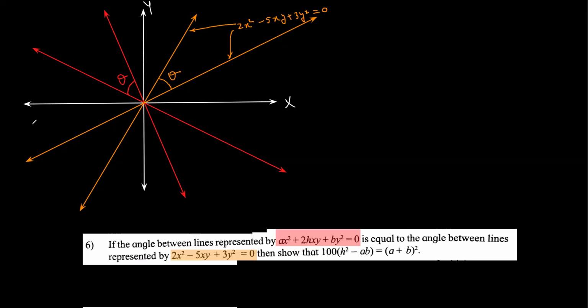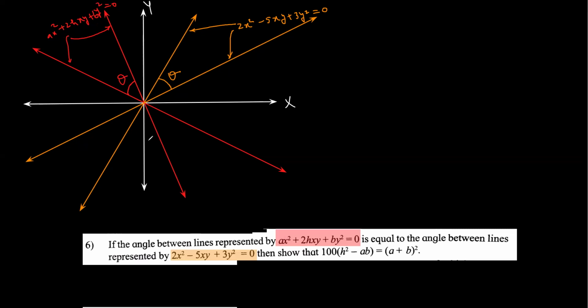And the combined equation of the red pair of lines is ax square plus 2hxy plus by square equal to 0. Both of these have the same acute angle between them. Now, so far as the red pair of lines is concerned, I know that if theta is the acute angle, then what is tan of theta?